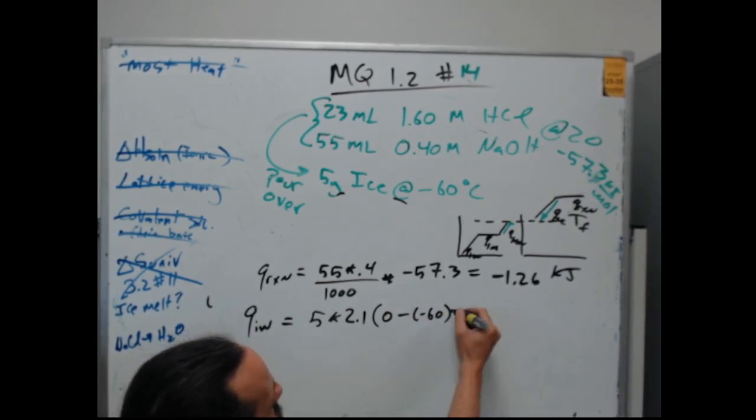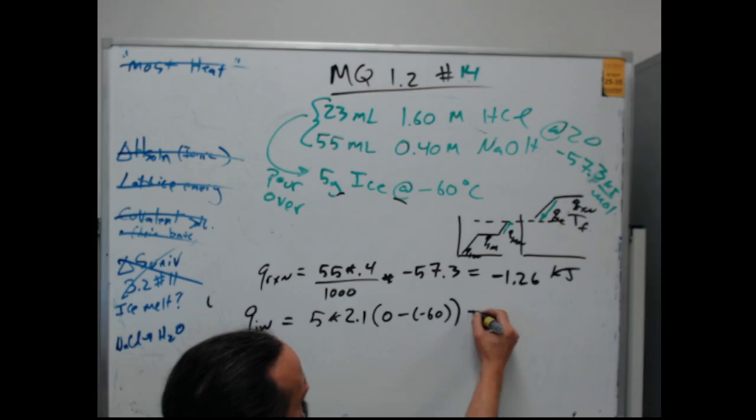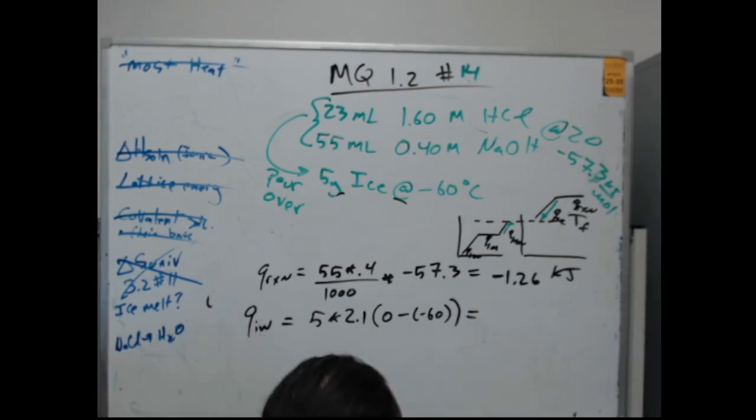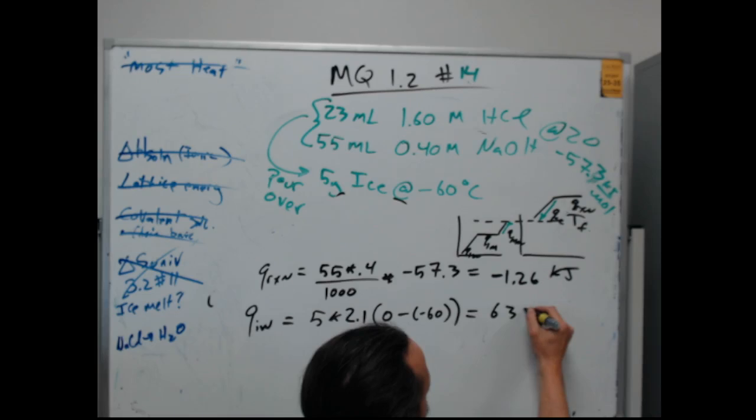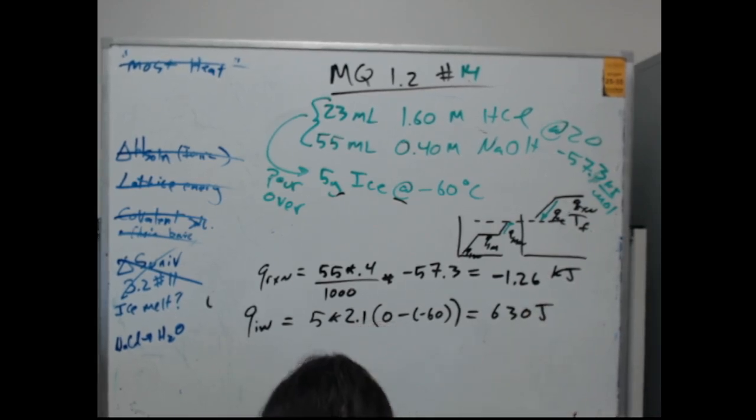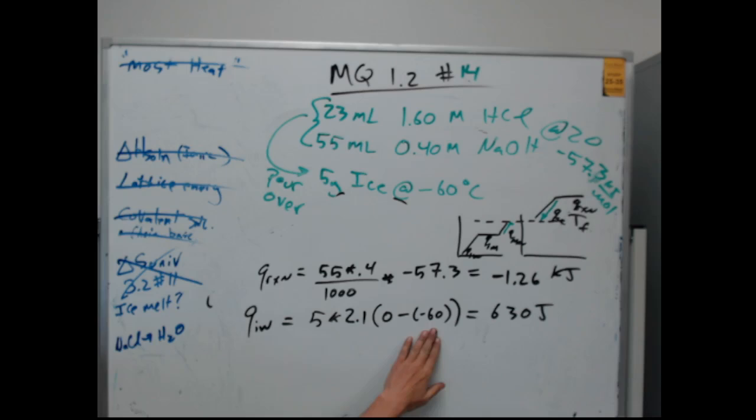So I'm going to have 5 times 2.1 times 60. That's going to get me 630 joules of energy. That's for the ice heating up before it melts, right? Yes, that's getting the ice from negative 60 up to 0 degrees. Only takes 630 joules of energy.